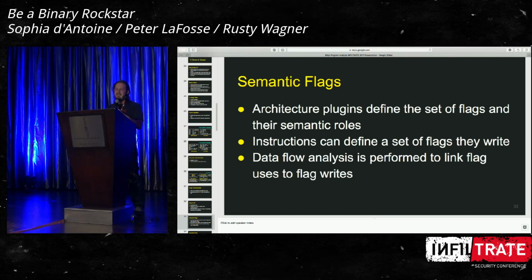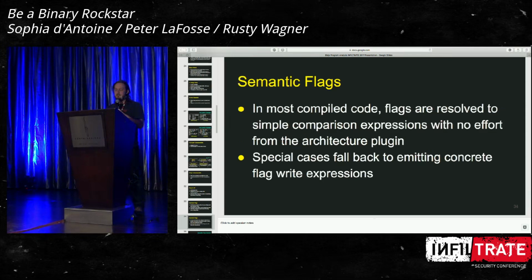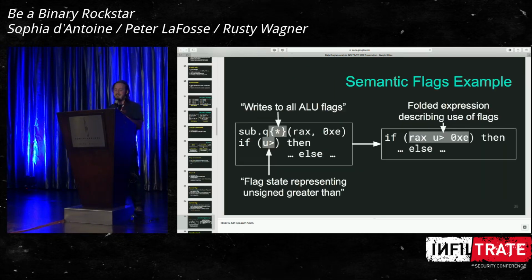And if it's an obvious semantic effect, we just fold it into a readable expression automatically. In most compiled code, this actually resolves pretty much every usage of flags completely automatically with no effort whatsoever from the architecture plugin. It just takes care of itself automatically. And if there are special cases, like you've got some weird code that's doing something out of the norm, it will fall back to concrete expressions, and you can express the flags explicitly.